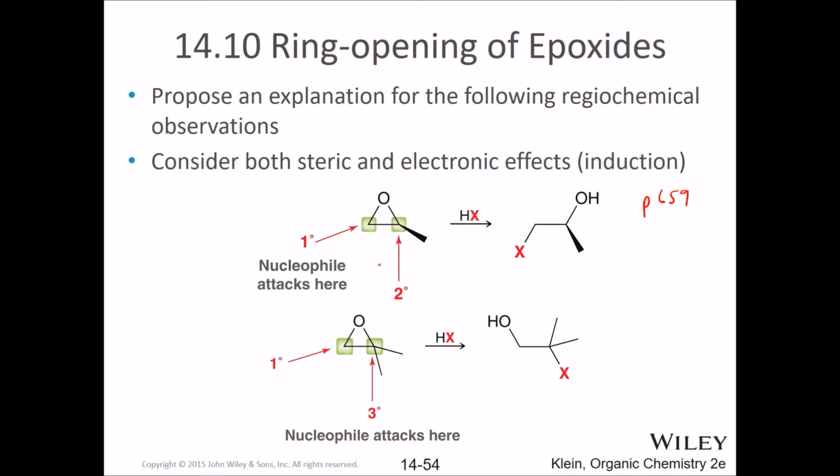Under acidic conditions, the nucleophile goes to the less hindered position, if this is secondary. But if this is tertiary, it's going to go to the more hindered. Why?